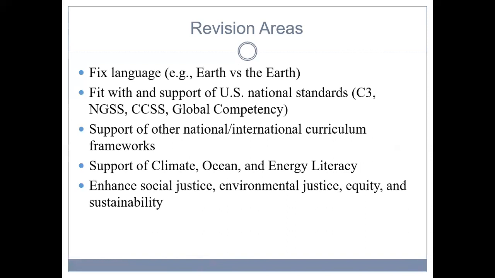But for example, in strand 2, in the human environment and societies, previously there was a guideline about political and economic systems, and they felt strongly that those needed to be separated and be their own guidelines within the guidelines. So you'll see some of that language becoming more intentional.